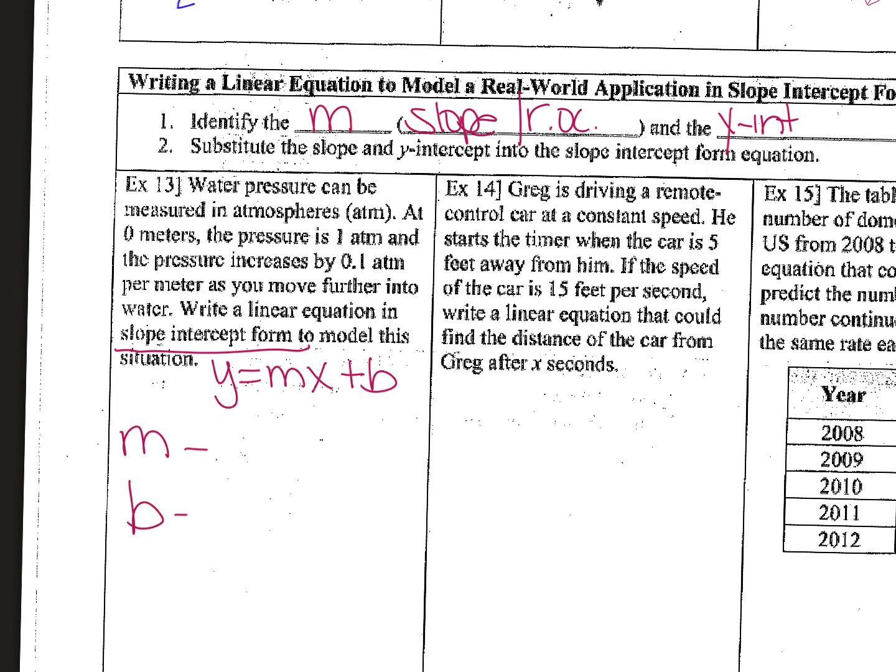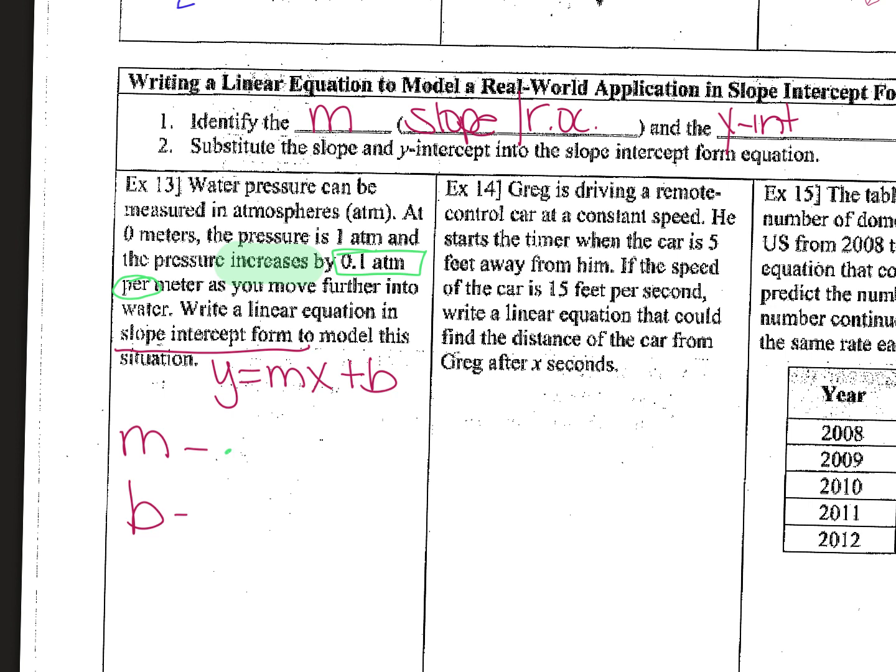Okay, so let's go back to our scenario. So what did I learn? I learned that the pressure increases, which tells me that I'm going to have a positive slope, by what? At 0.1. Okay, so I know my slope because of the keyword per, 0.1 per meter.